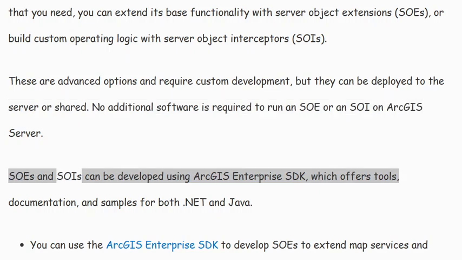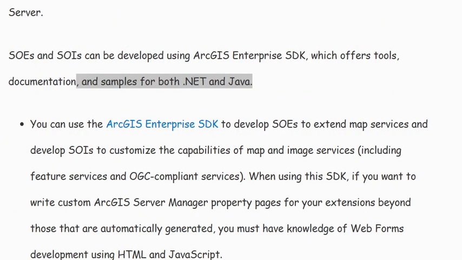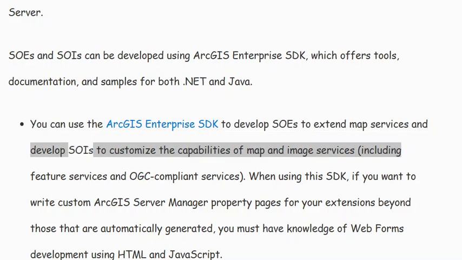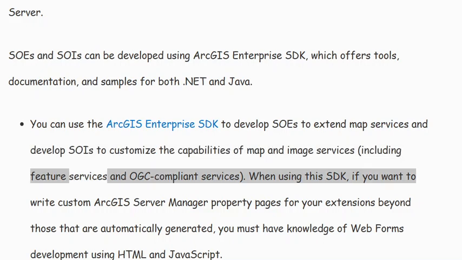SOEs and SOIs can be developed using ArcGIS Enterprise SDK, which offers tools, documentation, and samples for both .NET and Java. You can use the ArcGIS Enterprise SDK to develop SOEs, to extend map services, and develop SOIs to customize the capabilities of map and image services, including feature services and OGC-compliant services.